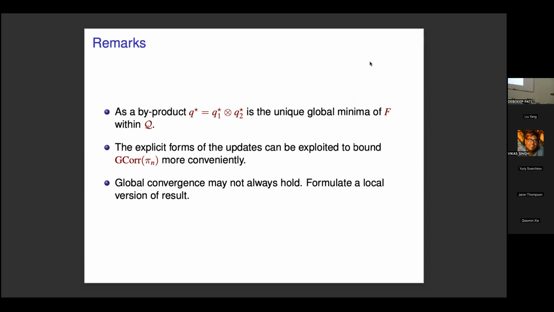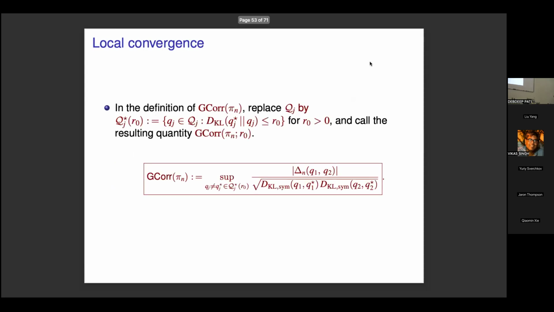But this global bound on the correlation may not always hold. It holds for a simple example like the Gaussian. So we need to formulate a local version of the result. So how do you formulate a local version? Instead of taking suprema over all densities, we simply take suprema over a certain neighborhood around the two parameters. Okay.